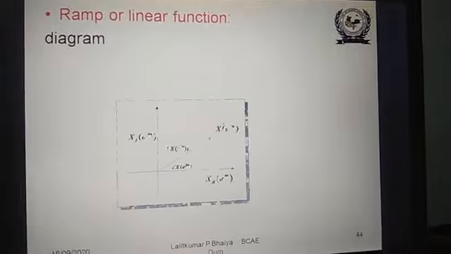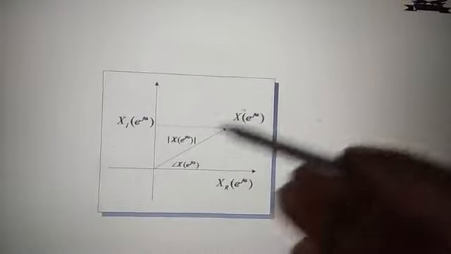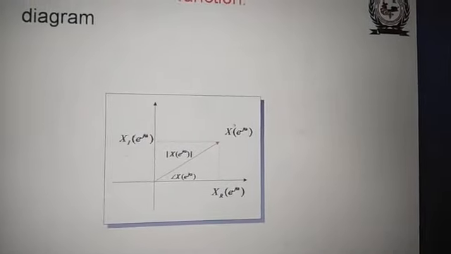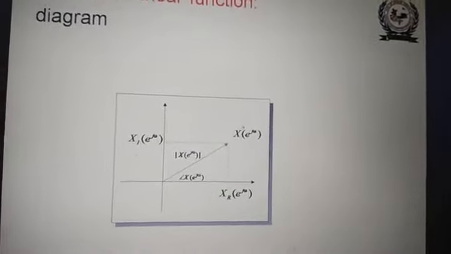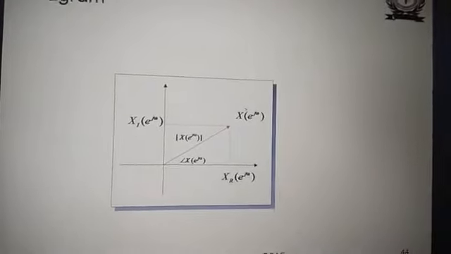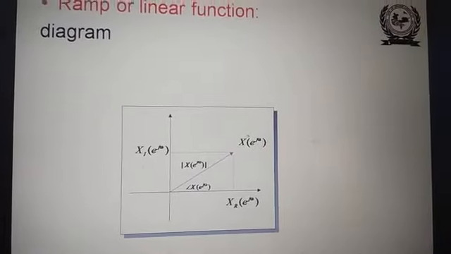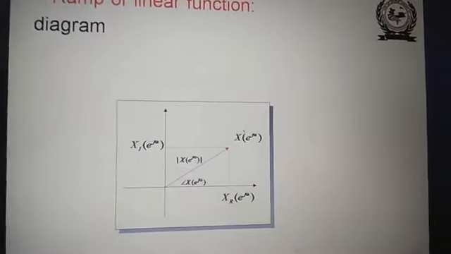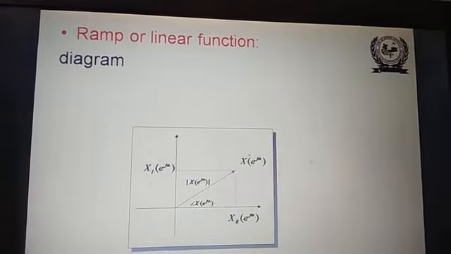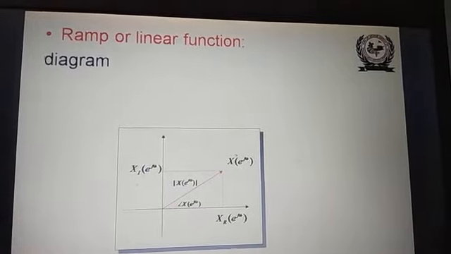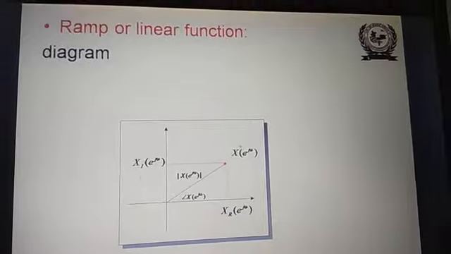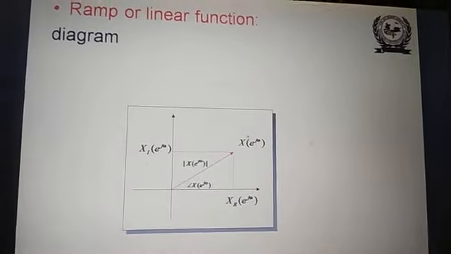Ramp or linear function. This is a ramp type function. You can see here. And this ramp function is given by r of n is equal to A into n, where A is the amplitude, or you can write n simply. x of t is equal to A into t is the ramp, where A is the amplitude and t is the time.